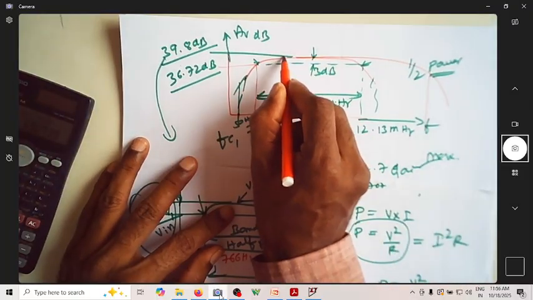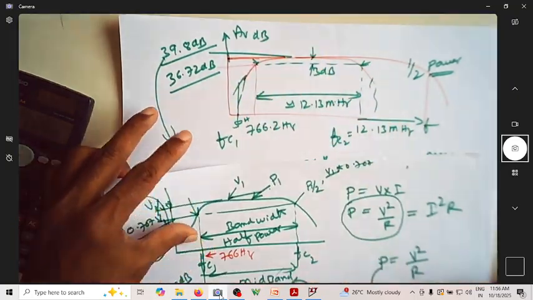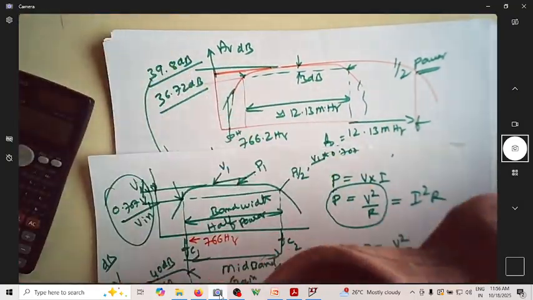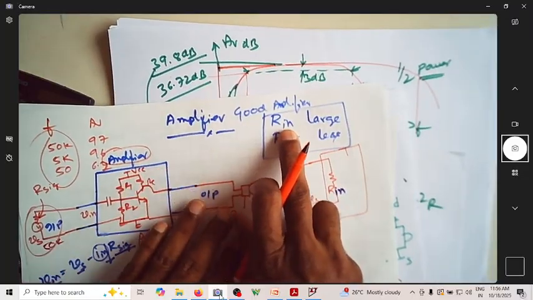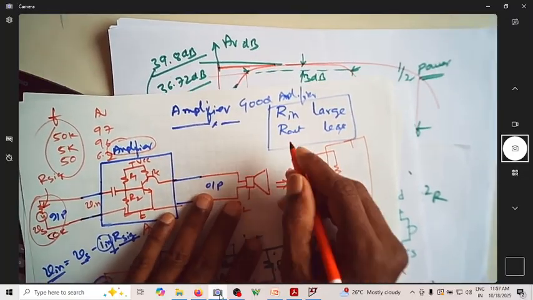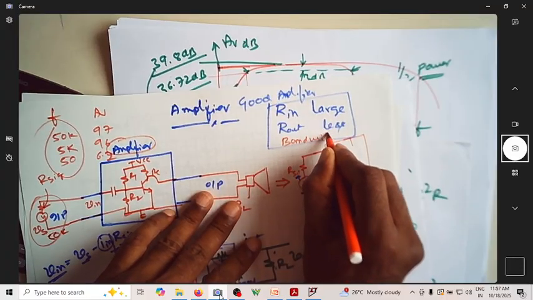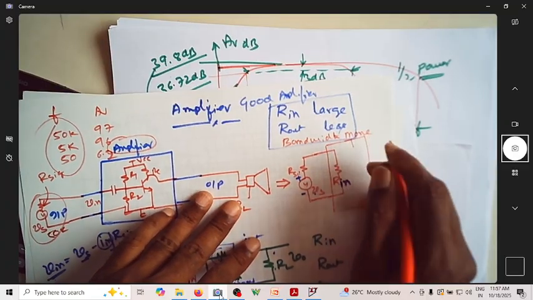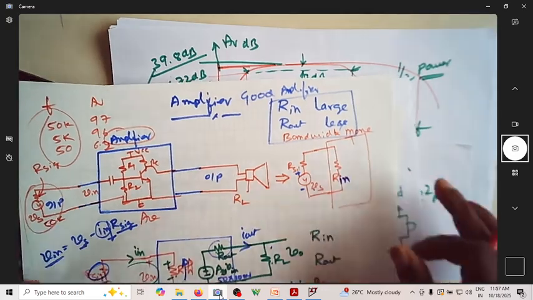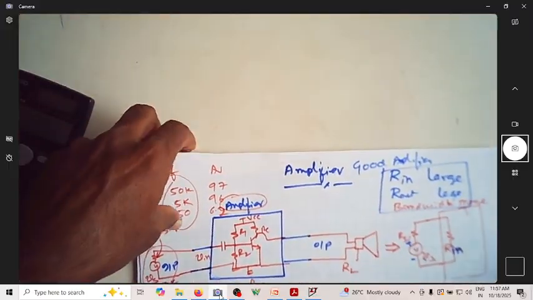And of course, the output resistance should be as small as possible. Even if it is zero, that is the best one. So in the previous case, we saw a good amplifier should have large R in, less R out, and the bandwidth should be more. If the bandwidth is more, it's a good amplifier. These are the three parameters of an amplifier.